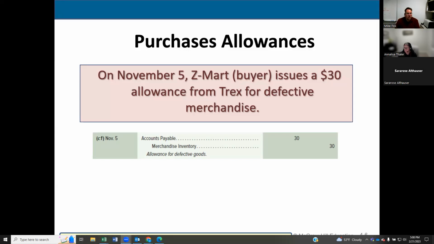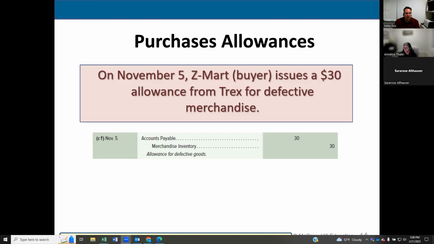But remember that the number on our balance sheet and in our trial balance for merchandise inventory, that asset represents the cost of our inventory. So when I credit the merchandise inventory account, I may or may not be actually removing merchandise from my inventory. I'm just reducing the cost associated with that.